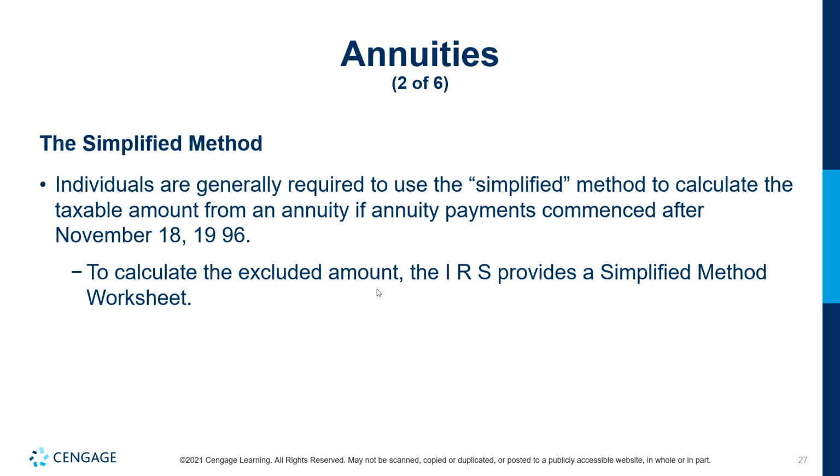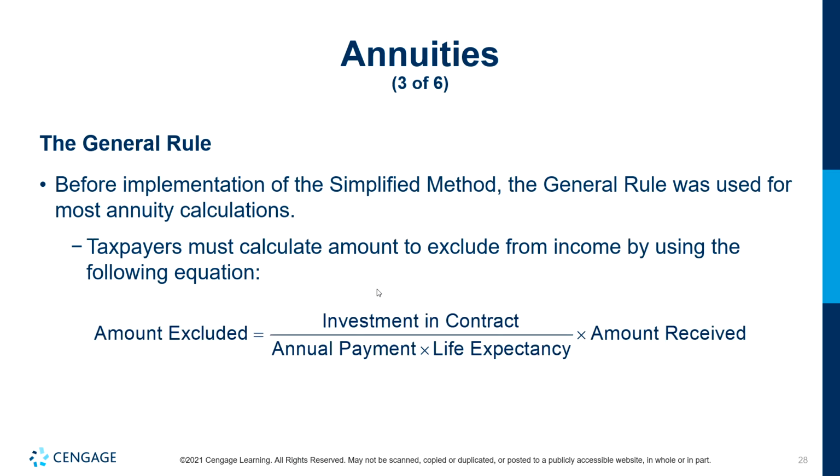Again, depending on when it was. But if it does end up qualifying for the general rule, taxpayers must calculate the amount to exclude from income by using this equation. So amount excluded equals the investment in contract, so basically how much money we put into the annuity, divided by the annual payment for the annuity times life expectancy.